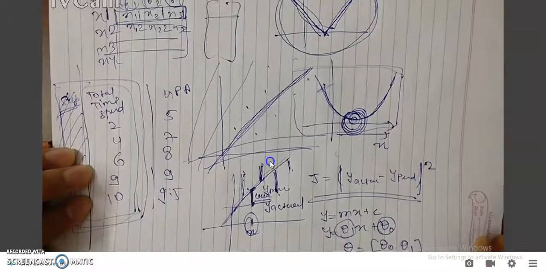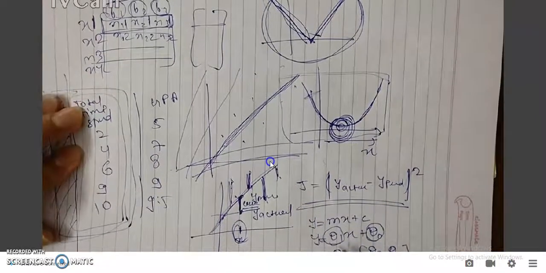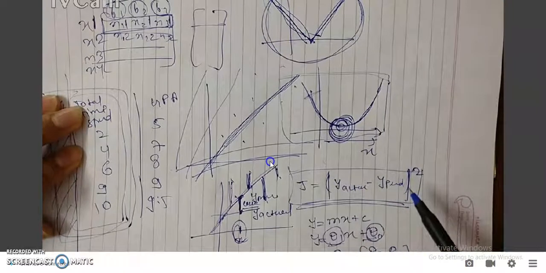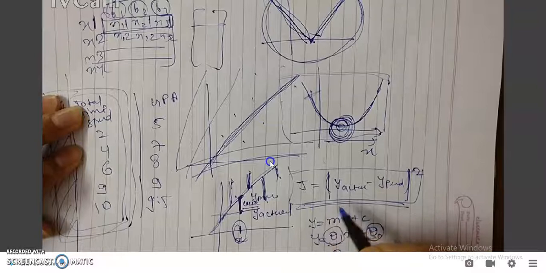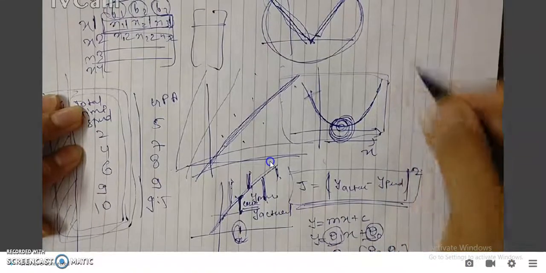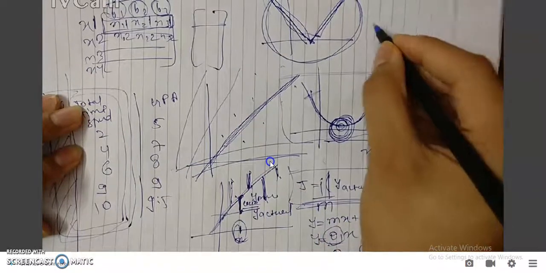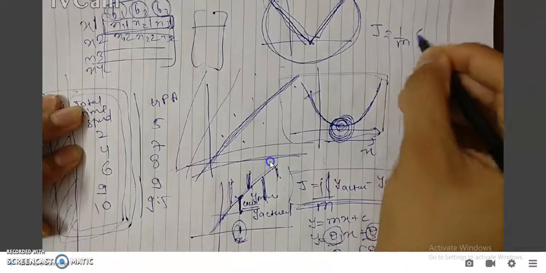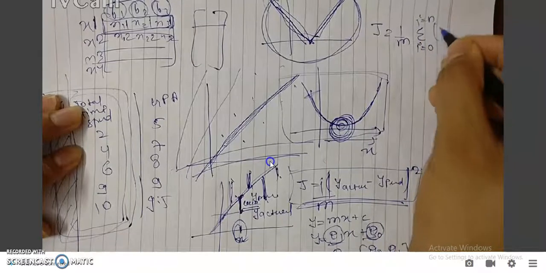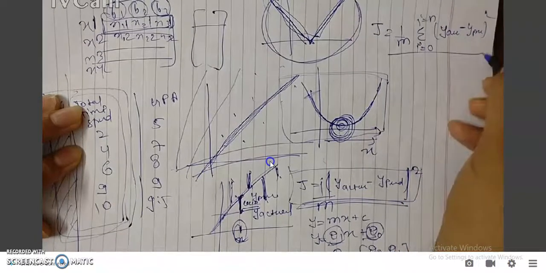And to get those values of theta, we try to take the differentiation of this loss function and try to find the minima for that. So for the total error, it would be 1 by m, right? J would be 1 by m summation i equals 0 to i equals m, of y actual minus y predicted, whole square.